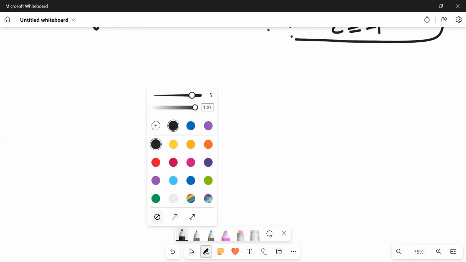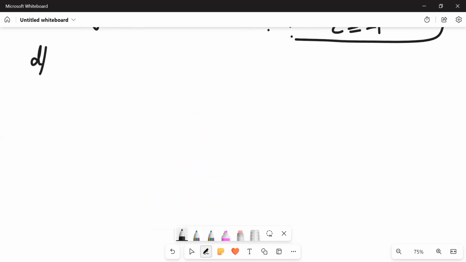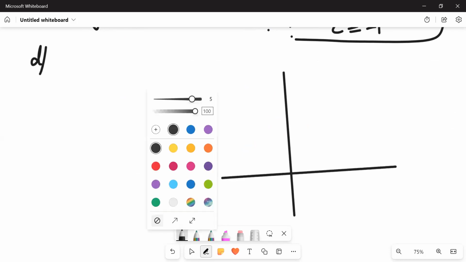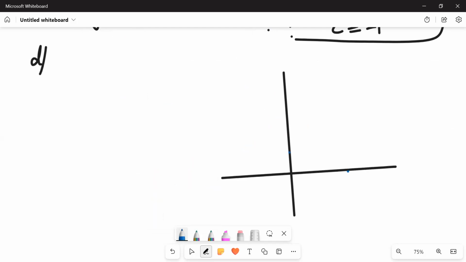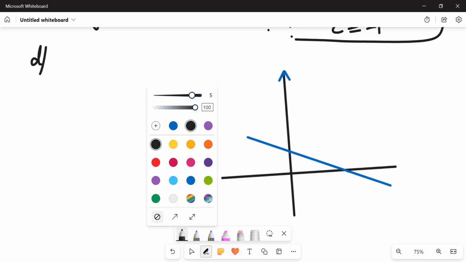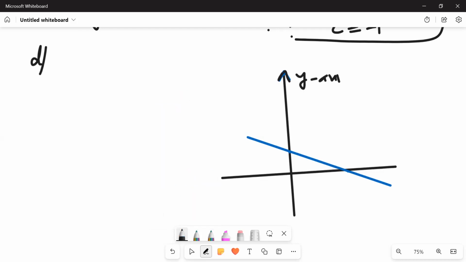Now the d part. Now we have a line. Here it is 2 and here it is 1. This is the y-axis, and this one is the x-axis.